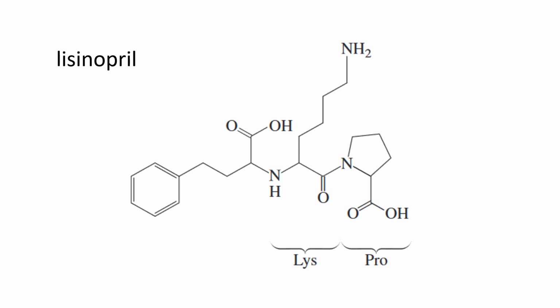Representative of ACE inhibitors in use today is the compound lisinopril, a compound heavily prescribed for treatment of moderately elevated blood pressure conditions. Structurally, lisinopril is a 1-carboxy 3-phenyl propyl derivative of the dipeptide lysylproline.